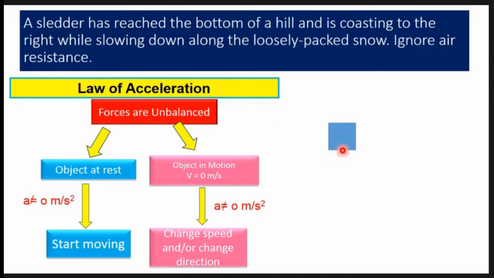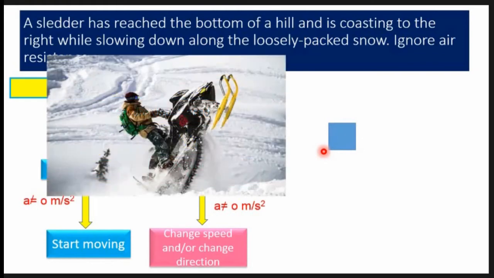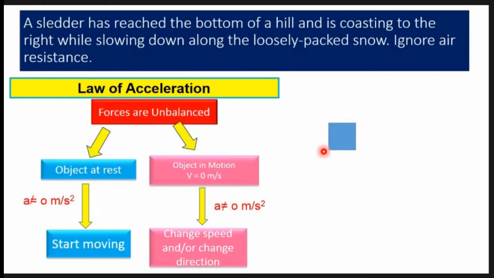This will be the sledder, and yes, it has a weight, and then it has a normal force. Do we have an applied force here? No, because it's just moving. But it has a friction.